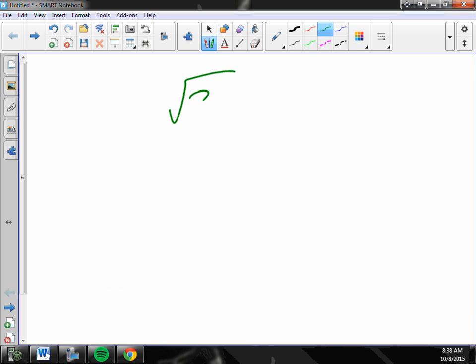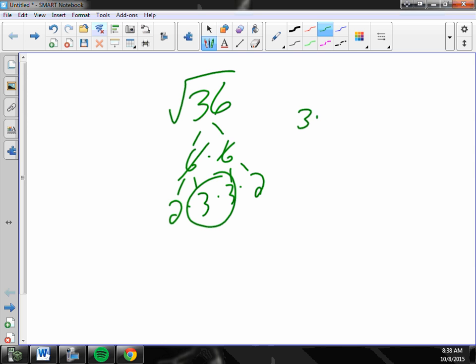What about the square root of 36? We know the answer is 6, but this should still work, right? 6 times 6, 2 times 3, 3 times 2. What can I bring out? Bring out a set of 3s, so I get 3 times. Bring out a set of 2s times what's left.